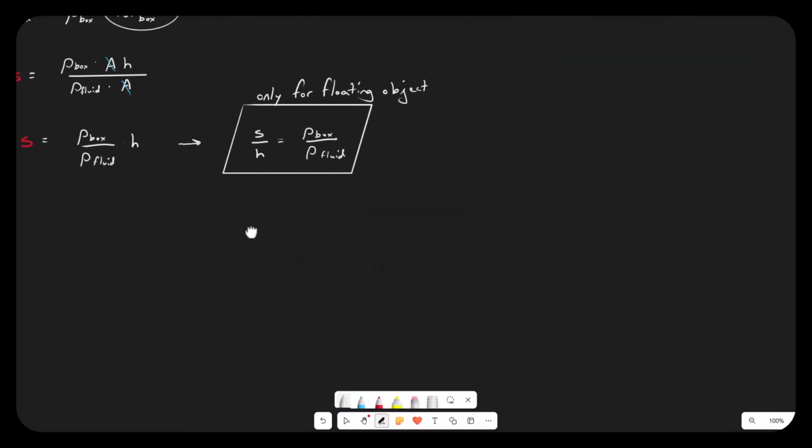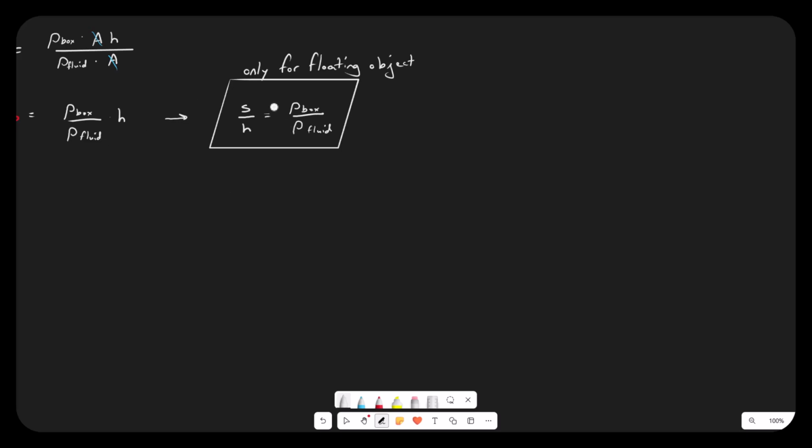This only works if something's floating, because S over H, that's like the percentage of the box that's submerged, right? If I've got this box like this, if I've got a total height of box of 1 meter, let's make it easy numbers, and I can say that this is 60 centimeters that's submerged.